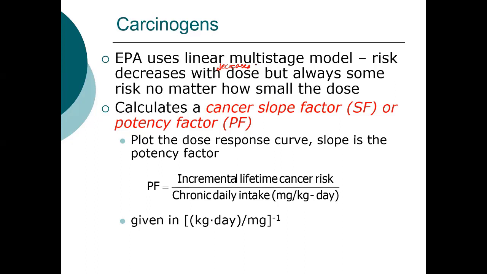So there's no dose that is in effect completely and totally safe with zero risk. The relationship between the risk and the dose, or the chronic daily intake, is assumed to be a linear relationship with a slope, and that slope is the cancer slope factor or the potency factor.